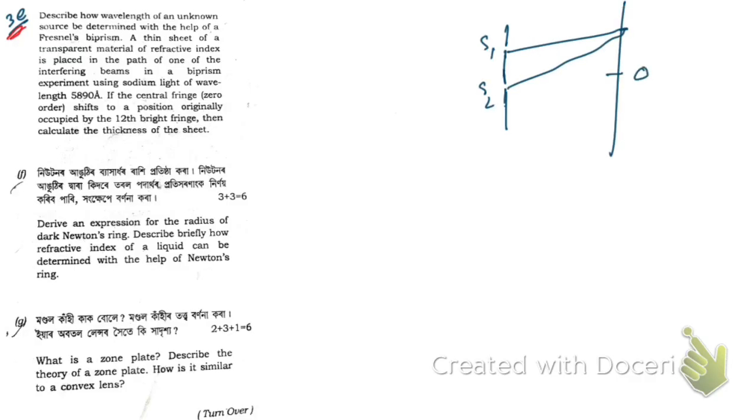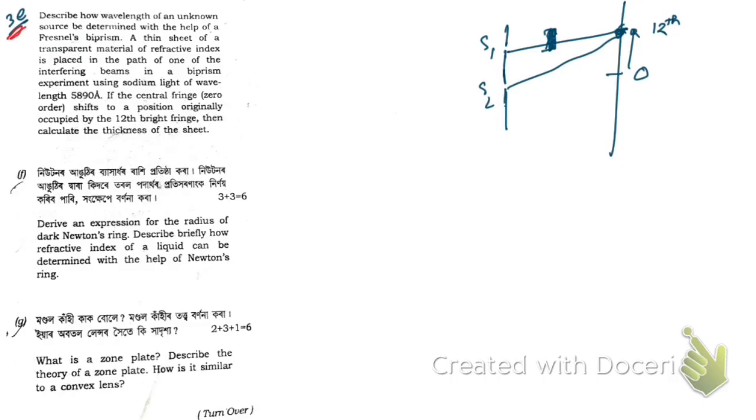This is the position of the central bright fringe, and on placing the thin sheet in the path of part of the beam of light, it shifts to the position which was originally occupied by the 12th bright fringe.